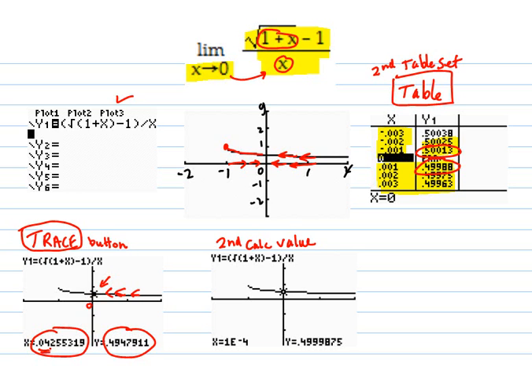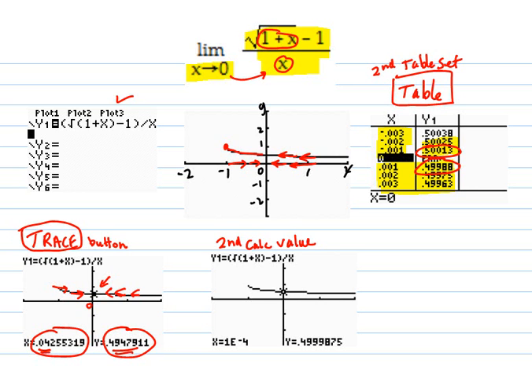So that's a pretty small number, and we're pretty close to 0.5. And then you go past that, trace with a blinking dot toward the 0, and see what the limit is there.